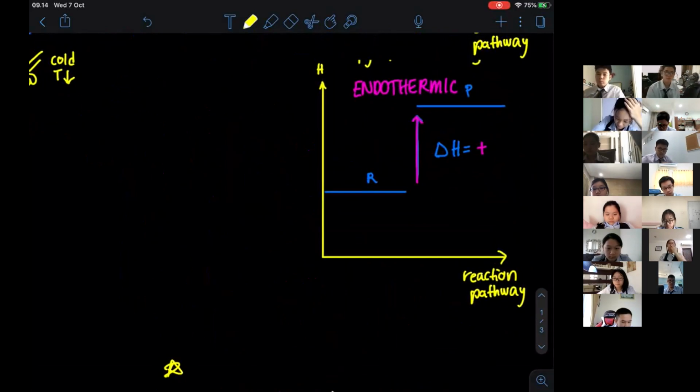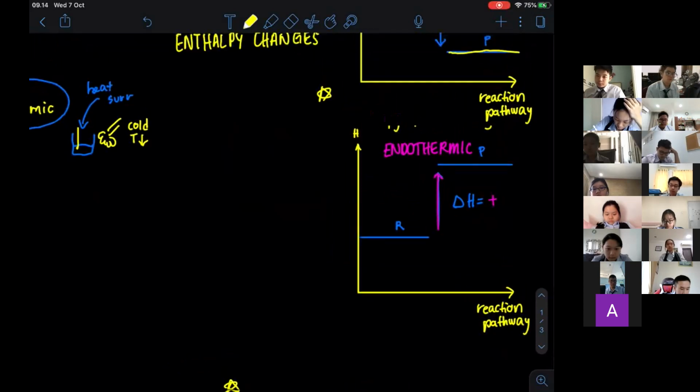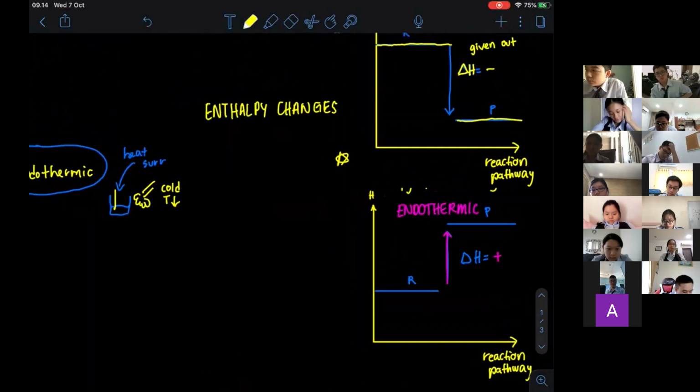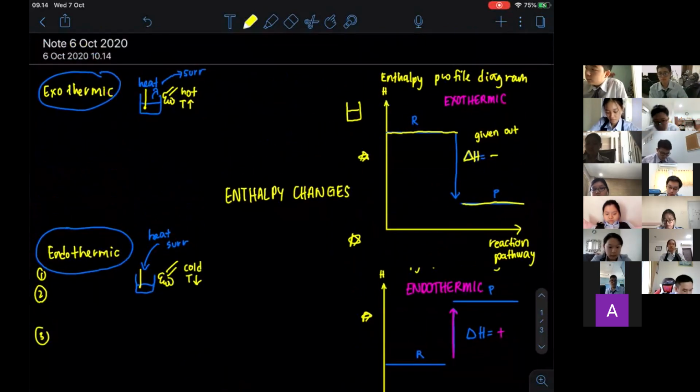So it doesn't matter, it's still the same thing. Don't get confused with energy level diagram or enthalpy profile diagram. No need to worry about that. You choose which one is suitable. Both are suitable. But in this chapter, this one is given in the textbook, under enthalpy profile diagram.